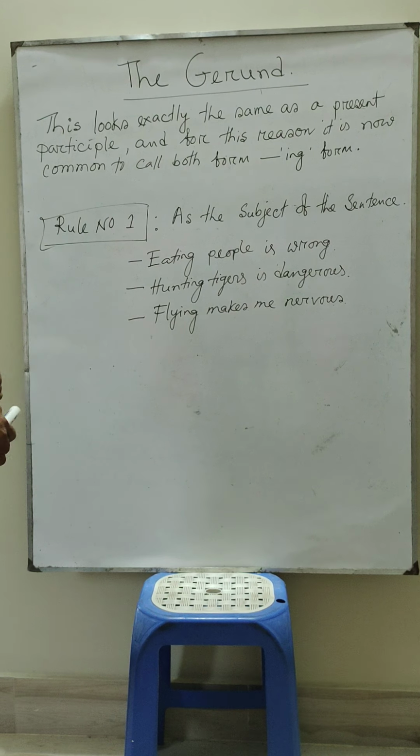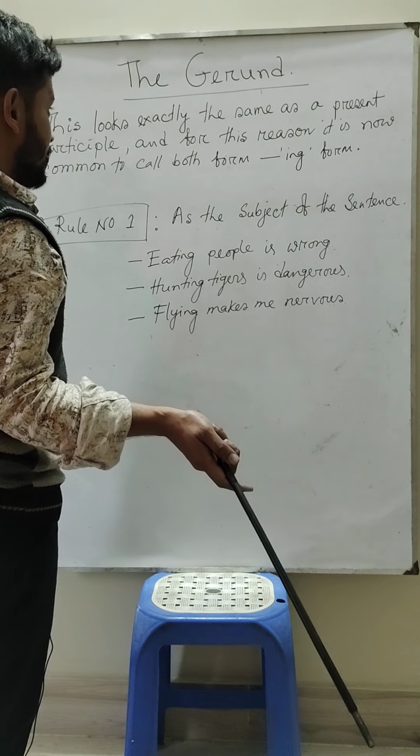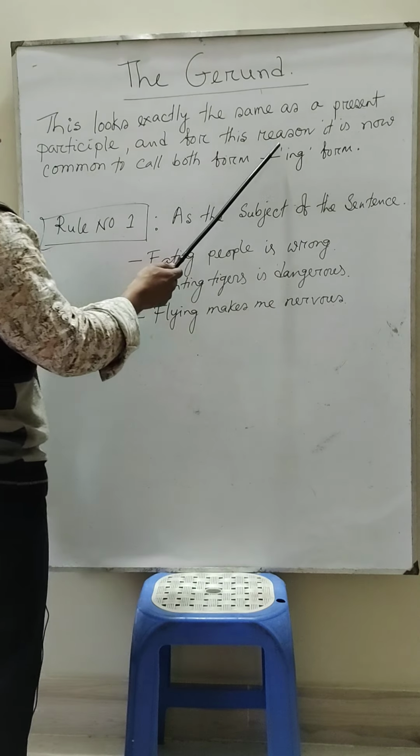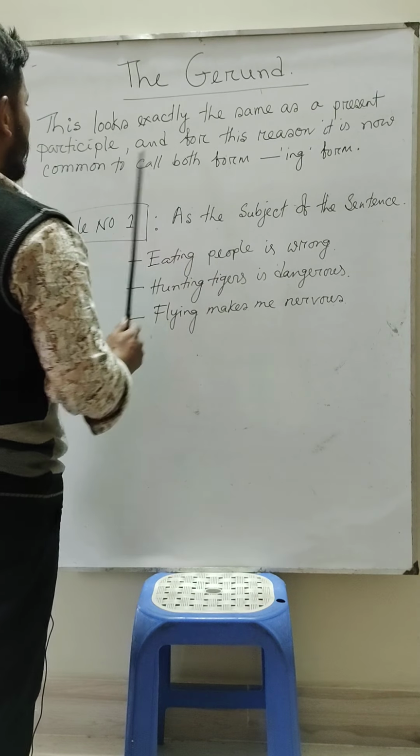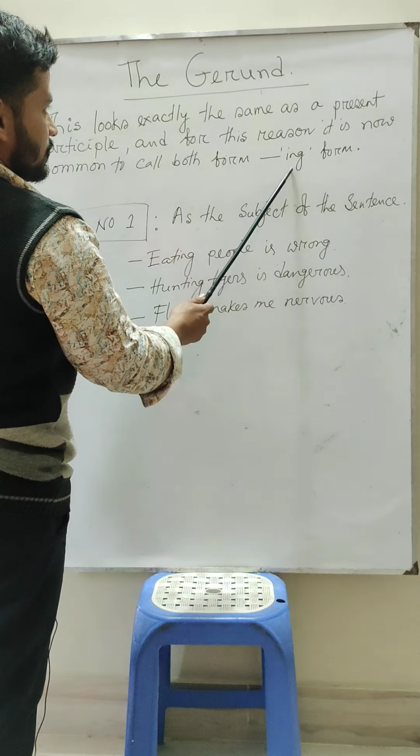The gerund. What does gerund mean? This looks exactly the same as the present participle, which I told you about a few moments ago. For this reason it is now common to call both the ing form.